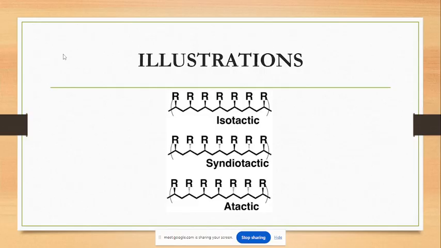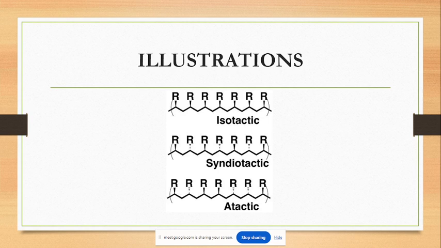So you can see on the first structure, all of the R groups are on the solid wedge, which in layman's language means they are all facing us. So that means they are on the same side. That is isotactic, just to explain the point that I already said.